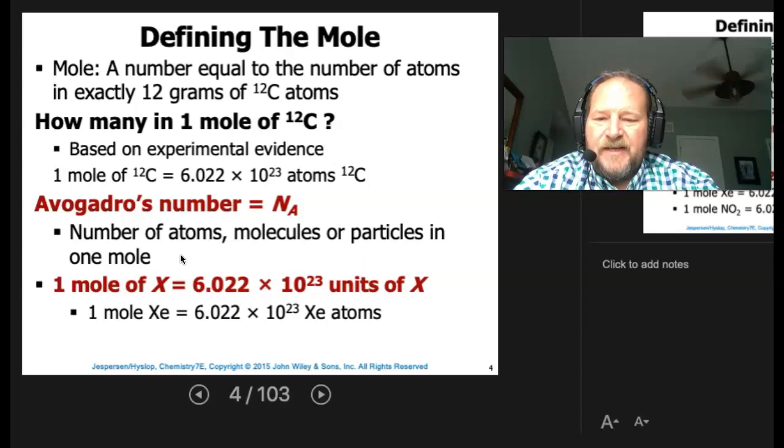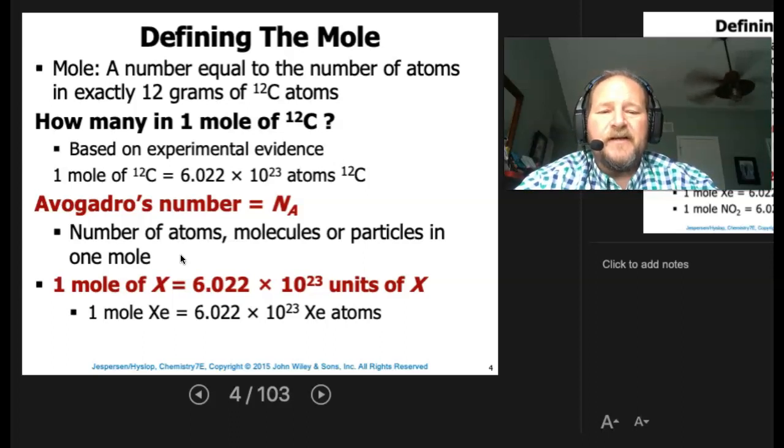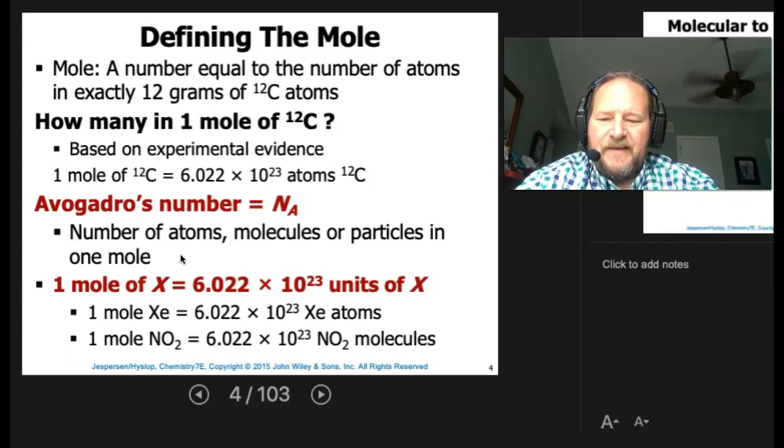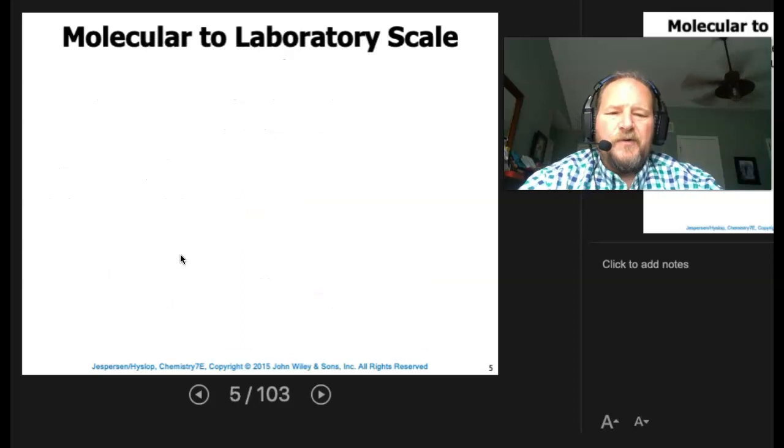And the particles, again, can be atoms, molecules, or for us, pretty much anything. We can even have moles of electrons, moles of quanta, as we'll see later on. So moles of anything. If we have 1 mole of NO2, then we have 6.022 times 10 to the 23rd molecules of NO2.